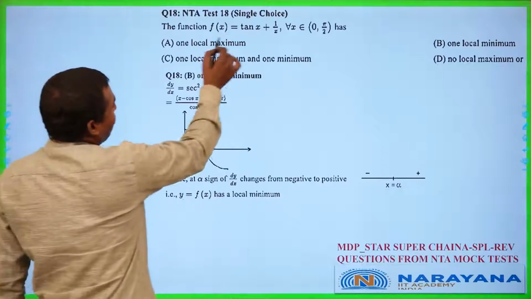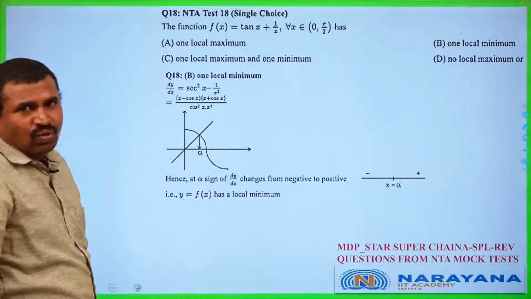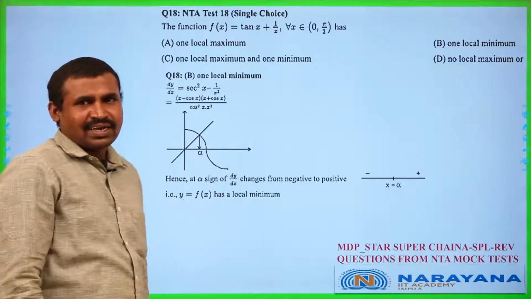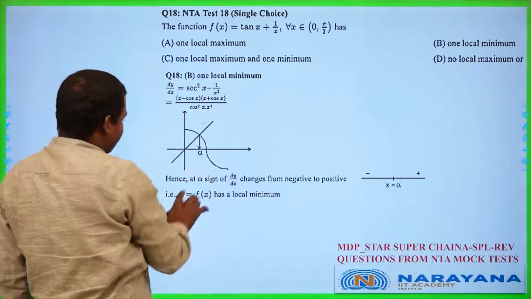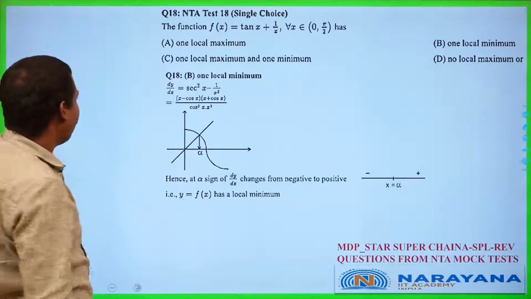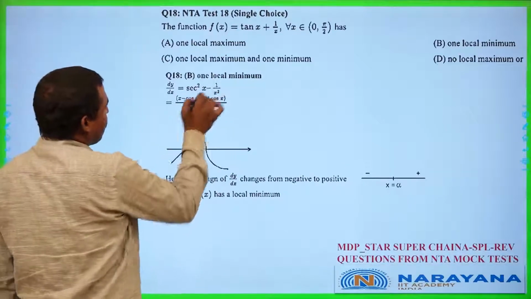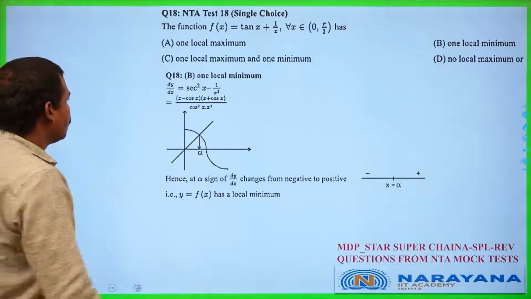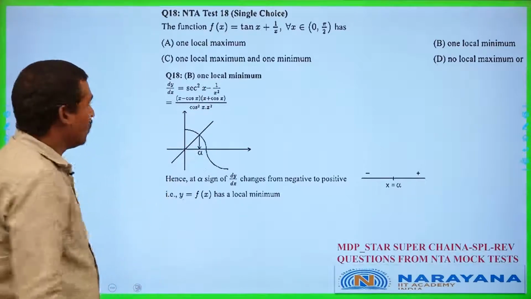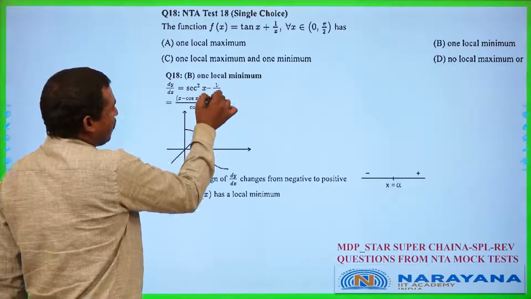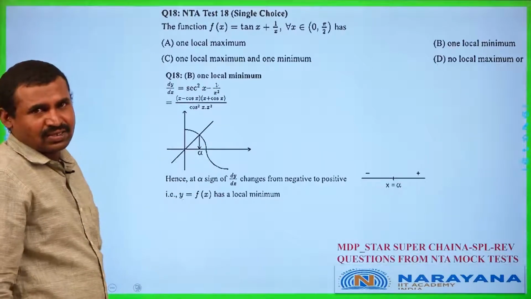So, this is f of x. Local maximum or local minimum of any function occurs at critical points. So, to find critical points, let us take f dash x. So, f dash x is equal to secant square x minus 1 by x square. Secant square x is 1 by cos square x, so 1 by cos square x minus 1 by x square, because secant x is 1 by cos x.